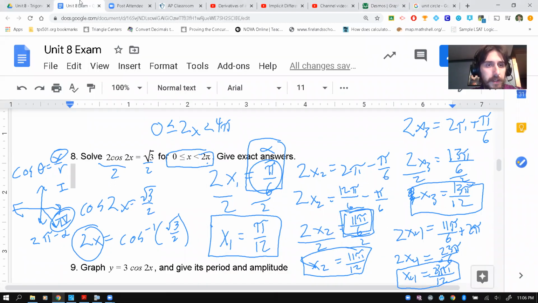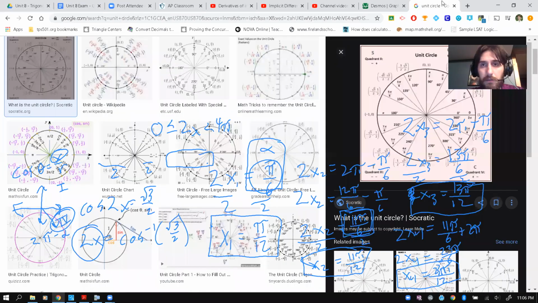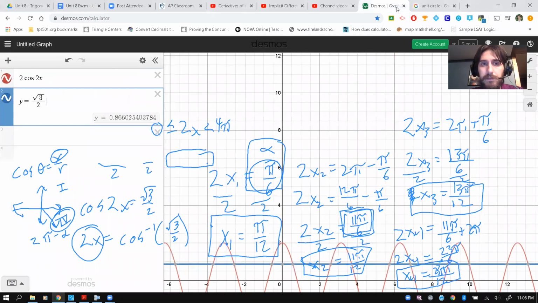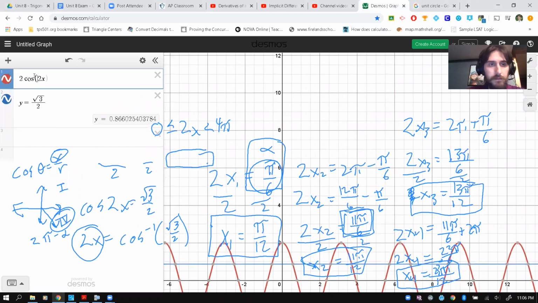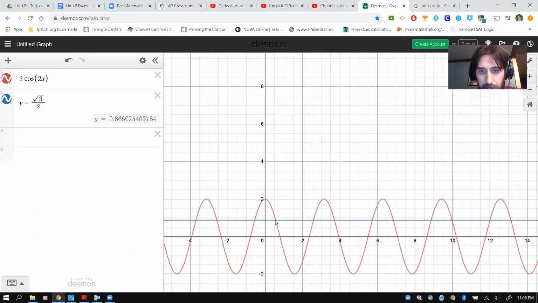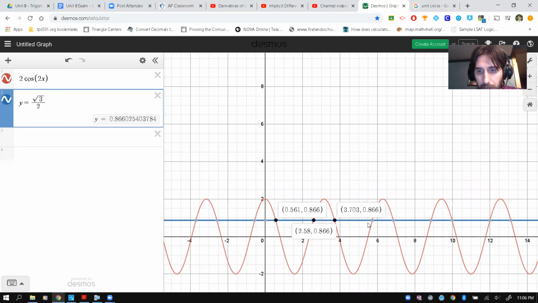Okay, and then I clear these drawings, and I can check their intersection points: here, here, here, and here, and see if those are right.